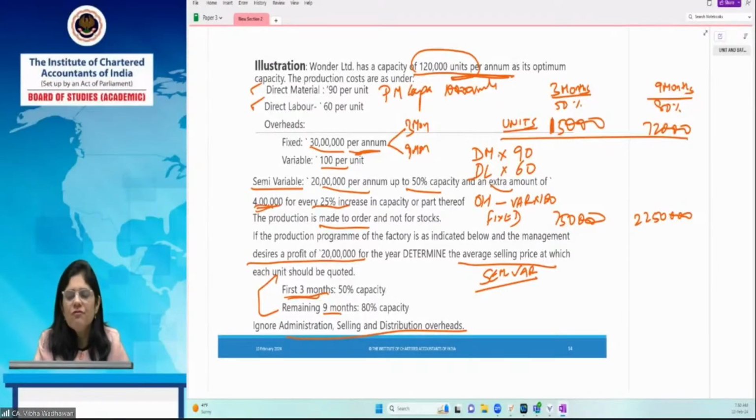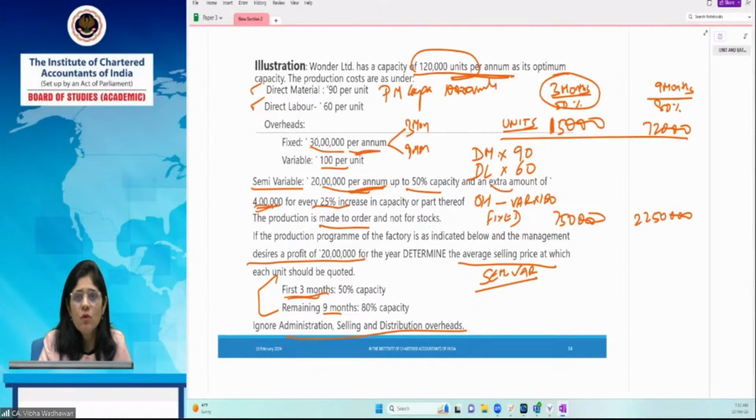Up to 50% capacity, the semi-variable overhead will be 20 lakh per annum. Again, you have to convert it for 3 months, because 50% capacity is for 3 months only. So out of 20 lakh, only 5 lakh will be for 3 months, not 20 lakh.